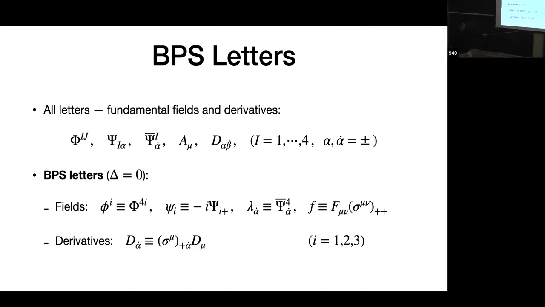Yeah, that's basically the Pauli matrix, sigma mu alpha dot, and I pick alpha to be plus. So you are choosing a basis of independent fields, and then all the others are related.